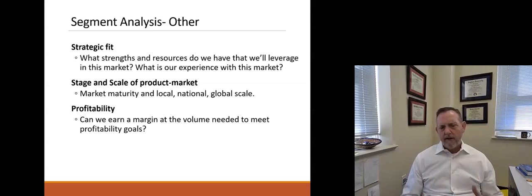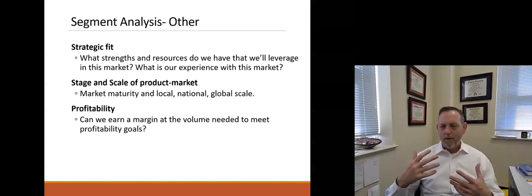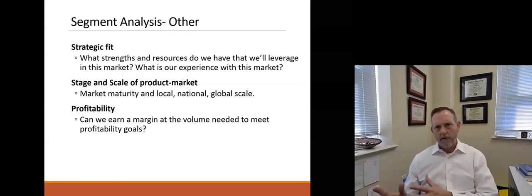Market maturity is how old the market is, not chronologically like how old the people are, but how long the market has been established. Is it a newly created market based on some technology or something that's happened, or is it an older market that's well established, or very old? So that could be one way to think about this.